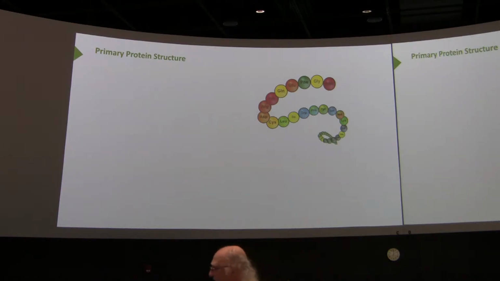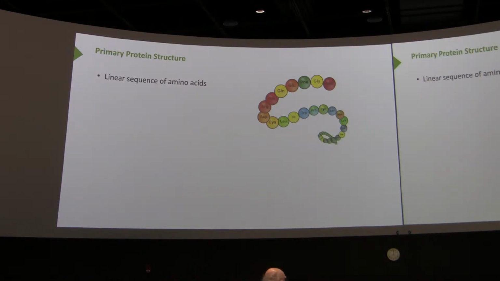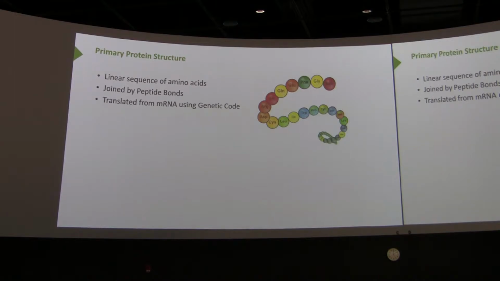The coding in the DNA is translated into protein sequence using information in the genetic code. We'll talk about that later. So the primary structure of a protein is simply a linear sequence of amino acids, joined by peptide bonds and translated using the genetic code. Synthesis begins at the amino end and terminates at the carboxyl end.